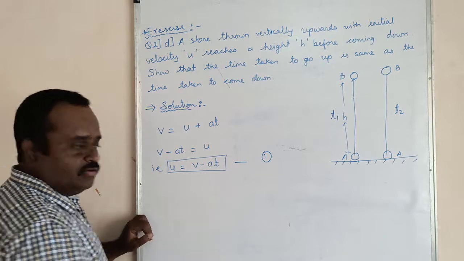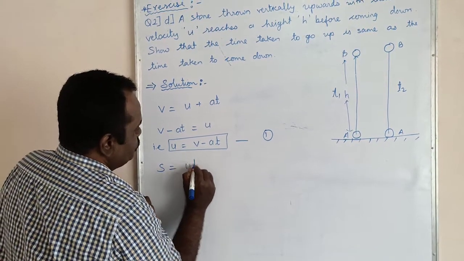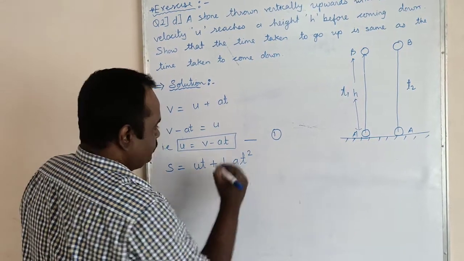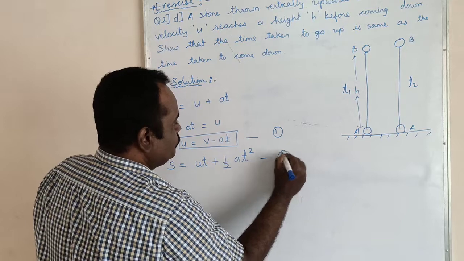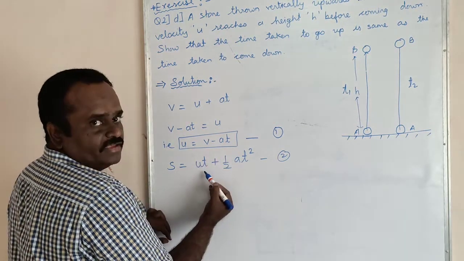Right? Now let us take another equation. s is equal to ut plus half at square. This is equation 2. Now let us substitute the value of u in this equation.